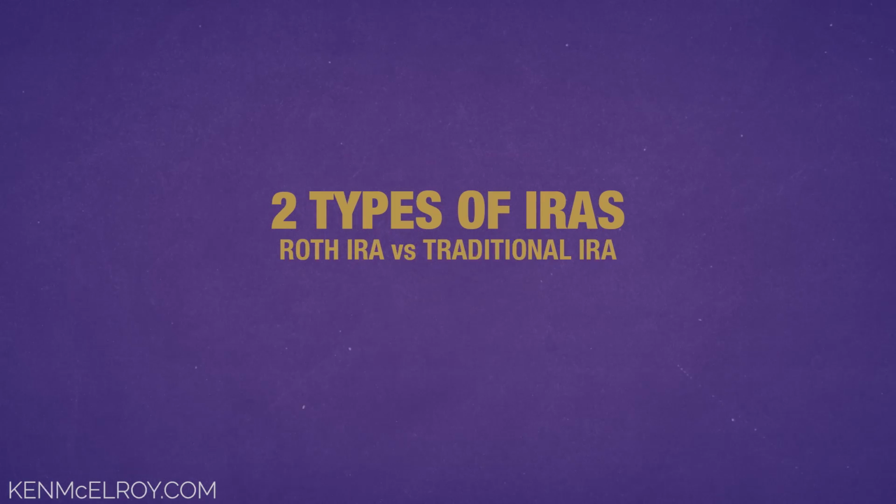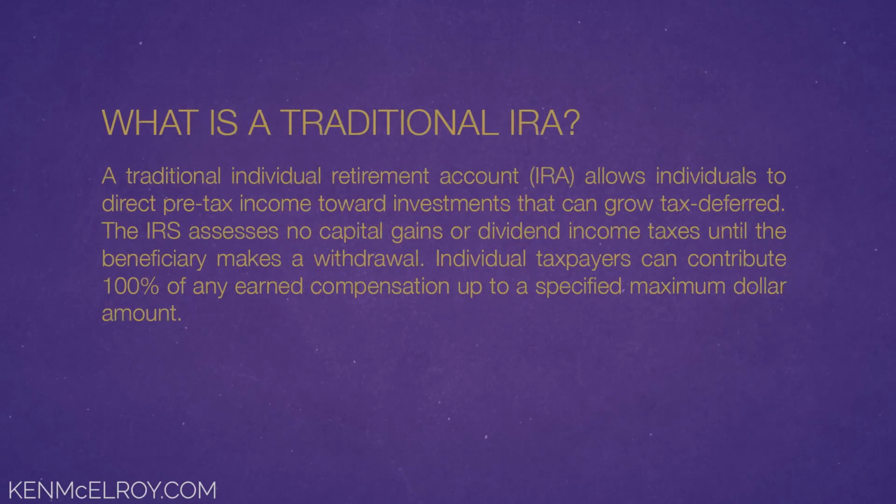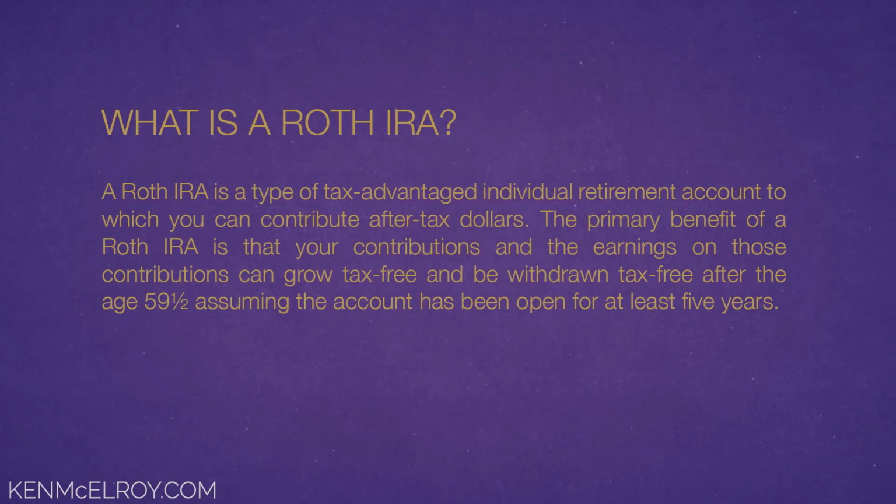So first let's talk about the difference between a Roth IRA and a traditional IRA. A traditional IRA means that when you make a contribution, that's deductible in that year, and then when you withdraw the funds in retirement, then it becomes taxable. Compared to a Roth IRA, that actually is the reverse of a traditional IRA, which means that when you make a contribution to the plan, it's not deductible.